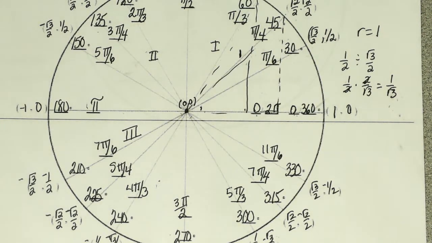Now, we already talked about how we can find the sine, cosine, and tangent using this. But now we're going to look at how we can solve problems going in the other direction.